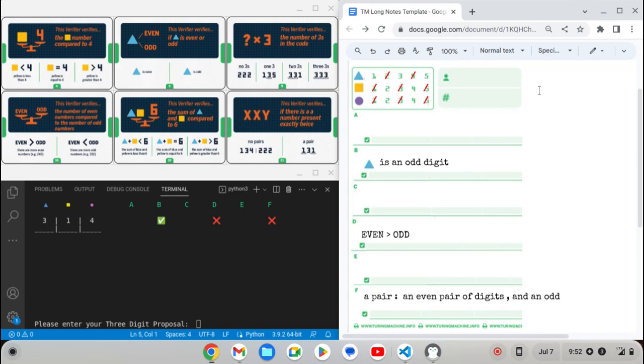And criteria card C, well, of the odd digits that are available for triangle, it's either going to be a 3 or not, as far as criteria card C is concerned. And then finally, something about the sum of the first 2 digits. That's criteria card E. So what could that mean?